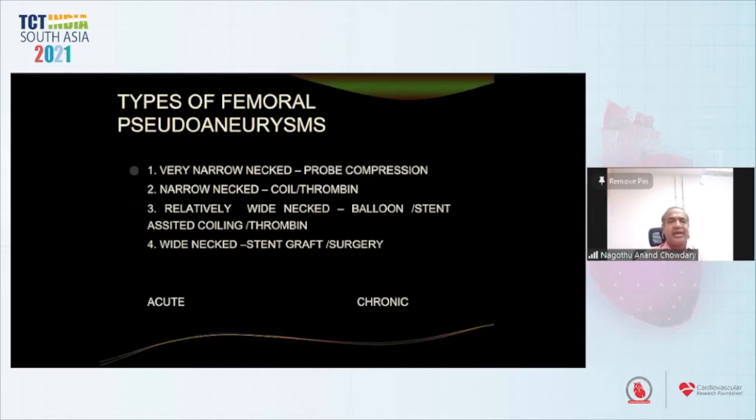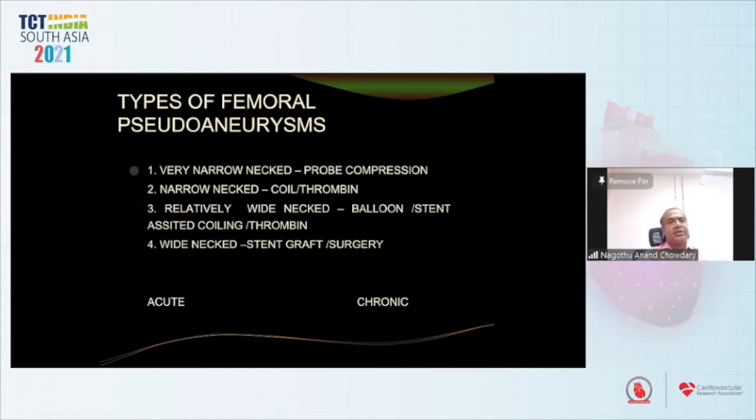But when the neck is relatively wide, the thrombin and the coils can slip away from the pseudoaneurysm. Hence, you may require balloon or stent assisted thrombin injection or coiling for these wider necks.